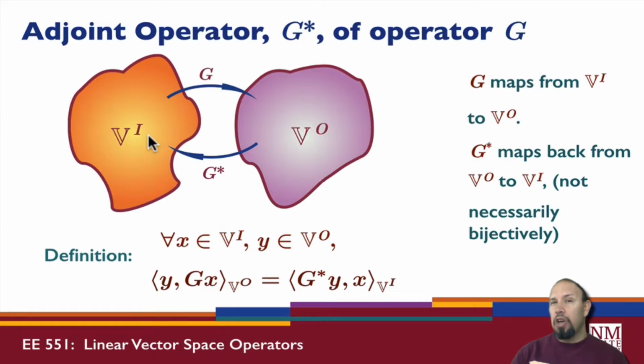Whereas the inverse operator pretty much requires that the input and output spaces be the same. So that's a big difference. And again, the definition is based on the inner product. When we come back and look at the example problems, we'll look at some pretty complicated ones, and we'll see how all of that works out.